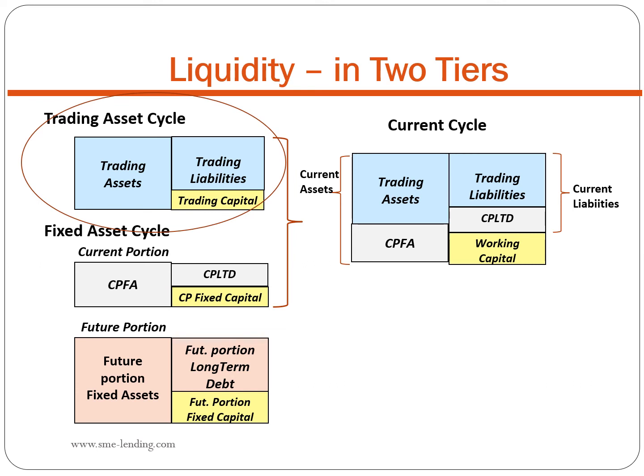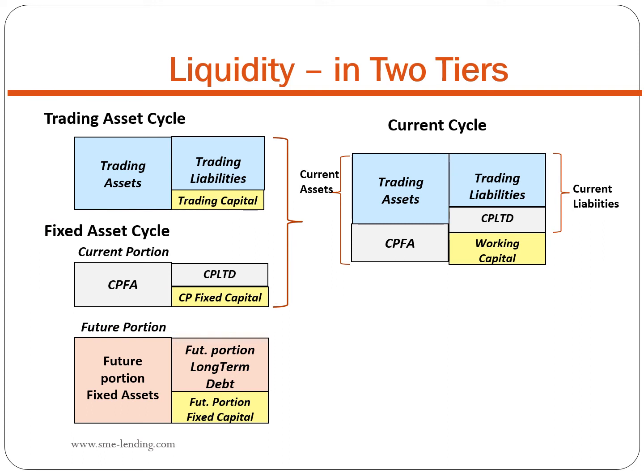The complementary subset of liquidity comes from the fixed asset cycle, which matches the repayment of long-term debt, specifically the current portion of long-term debt, to the portion of fixed assets that will be realized in cash in the current period to pay that debt. A positive current portion of fixed capital indicates that the fixed asset cycle is liquid in the current period.